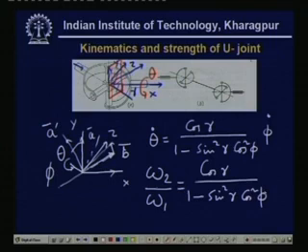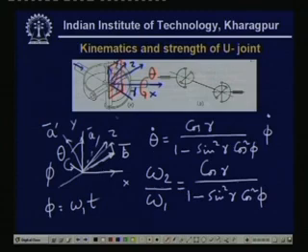And again, if omega 1, the angular velocity of the driving shaft, is constant, then phi is nothing but omega 1 t. So now you see this, the angular velocity of the driven shaft is time varying. So here we have this difficulty that although the angular velocity of the driving shaft is constant, the angular velocity of the driven shaft is changing with time. Now, let us look at the maximum and minimum values of that.